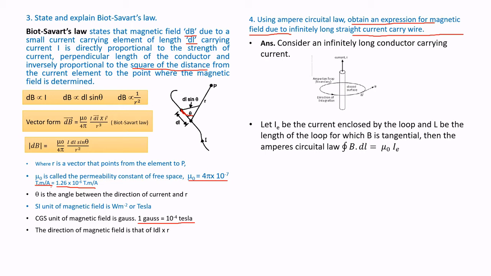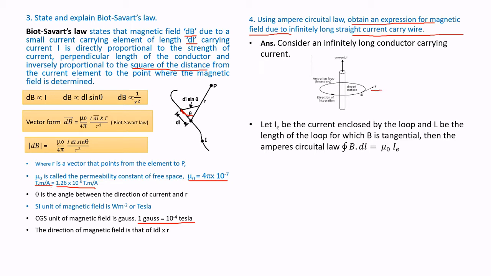Let IE be the current enclosed by the loop. The current enclosed by the loop is IE in this loop. That is the circular path. There is a current IE, and L be the length of loop, that is the total length of loop is L, for which B is tangential. The direction of B, please see here, is tangential. So this you have to remember.